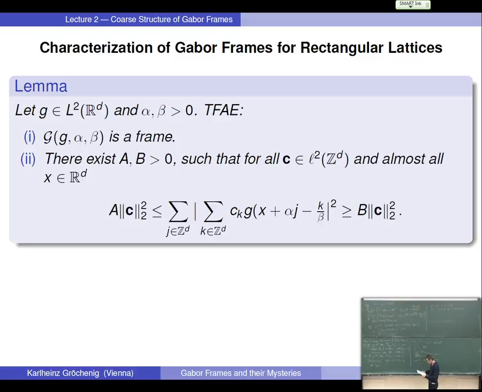Let's see, what else? So if alpha beta is small, then we get the existence of Gabor frames. If the lattice parameters are small enough, then we know for sure that the corresponding Gabor system is a frame. So this statement includes that for very general windows, Gabor frames always exist.